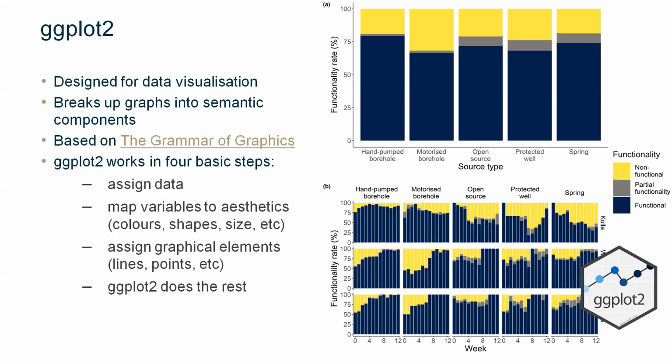It takes 4 basic steps. First you assign the data, then you map the variable to an aesthetic. So you map your variables to colors, shape, sizes of shapes. We assign a graphical element. So we assign lines, points, for example. And then we basically just allow ggplot2 to do the rest.